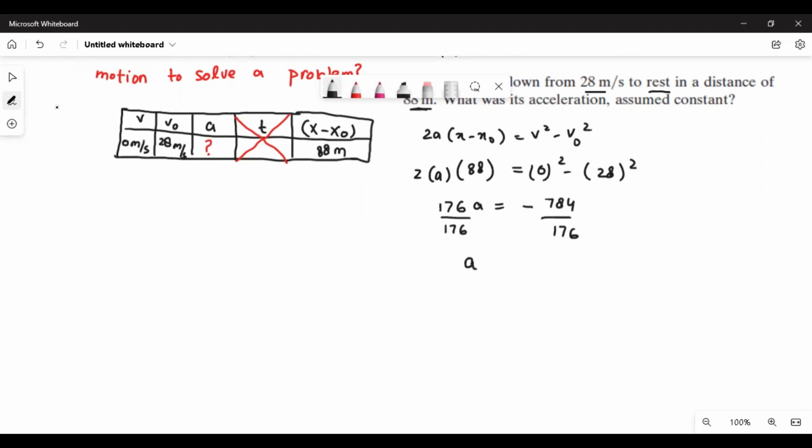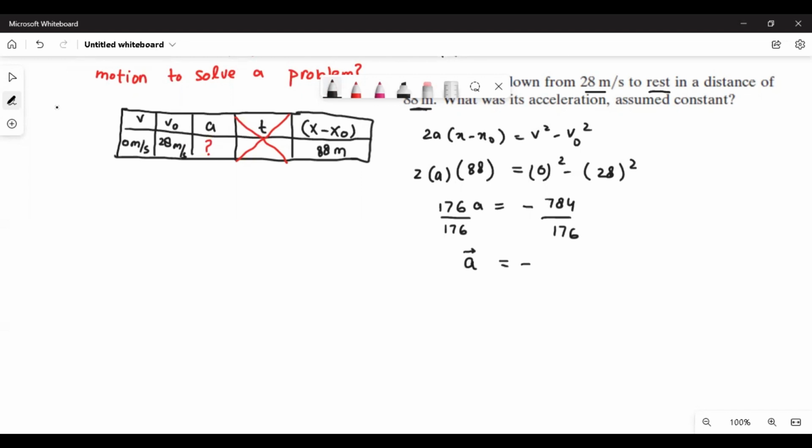So a, as I told you, is negative because it's deceleration. How much is it? Why didn't you minus it? I didn't minus it. You divided, but I said, why did we not minus? Because 176 is multiplied to a, and when something is multiplied, we divide it on the other side.